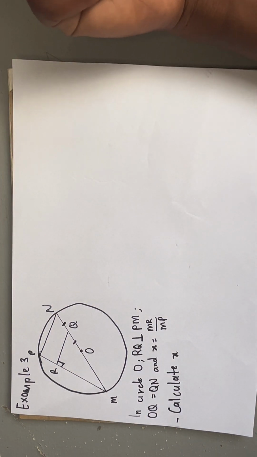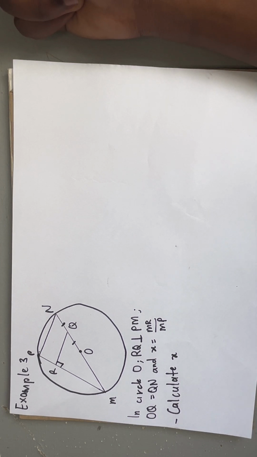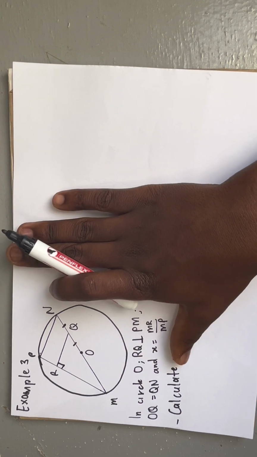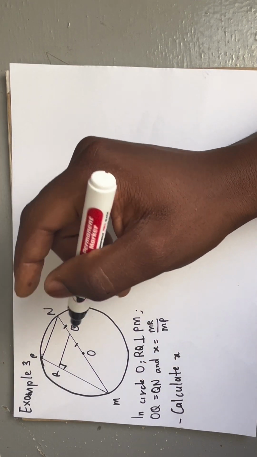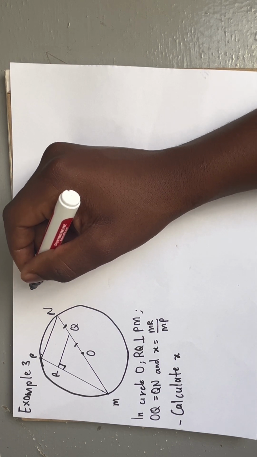You can realize that this question is complex because there is no way you can use the proportionality theorem until you have proven that the two sides of this triangle are in proportion. So you can start by proving whether these sides are proportional.